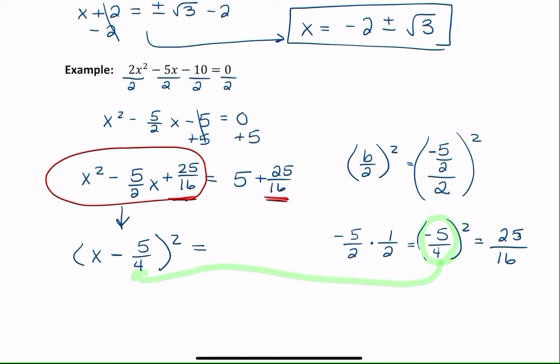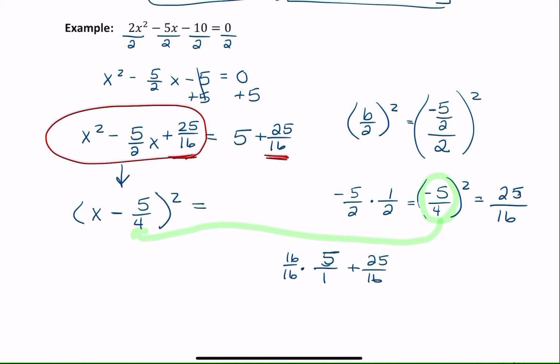If you do a little math, if I want to say 5 over 1 plus 25 over 16, I've got to multiply this top and bottom by 16 to get a common denominator, which gives me 5 times 16 is 80 over 16 plus 25 over 16 will give me 105 over 16.